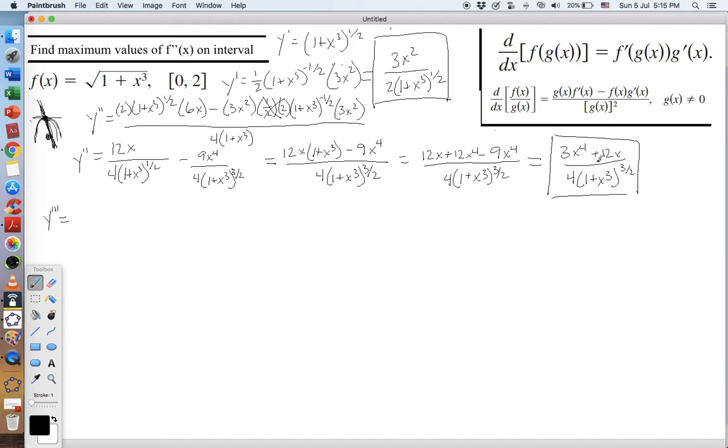And so, once again, we've got to use the quotient and chain rule. So to start off that quotient rule, we've got the bottom function, which is 4 times 1 plus x cubed raised to the power of 3 halves.